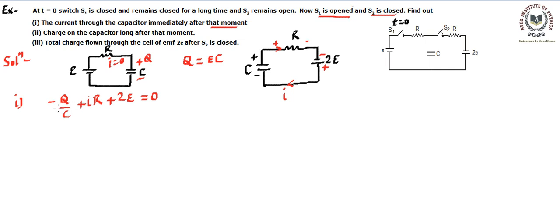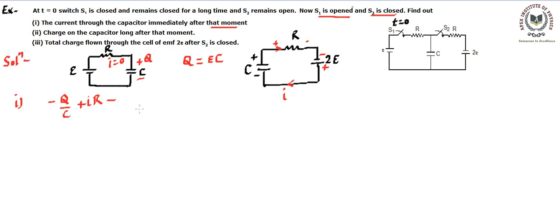Let me reconfirm this equation as I have written it, and if there is any correction, let's make it. If we proceed from here to here, it's from minus to plus, so there is a gain. Because of this gain I have written minus Q by C, and there is a drop of IR, so plus IR. When we move from here to here, again we move from minus to plus, so here also there is a gain, so it should be a minus sign.